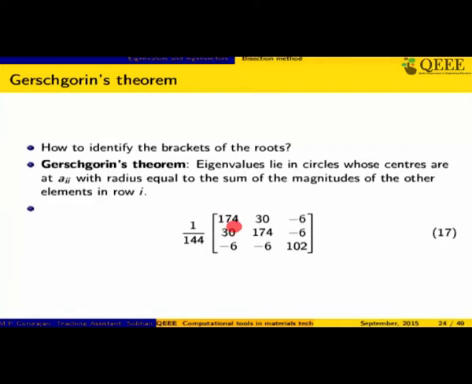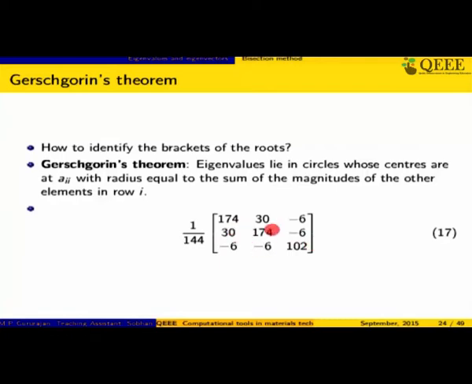Using that as the center, you draw a circle whose radius is 174 by 144 plus 30 by 144 plus 6 by 144. Within that circle there will be one eigenvalue. The second one will be similarly here, and the third one similarly here.